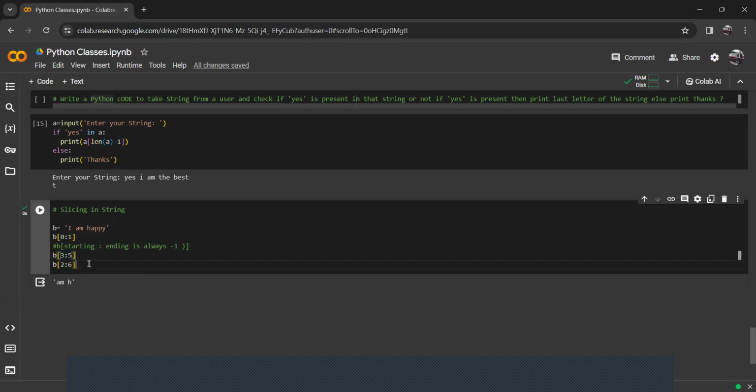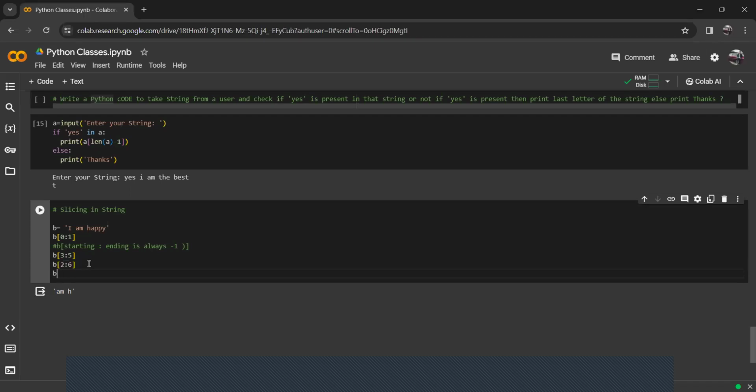Now, if I have written only this much, B 4, then what will be the output? If we are not writing anything in the starting, then by default the starting will take the 0 index.